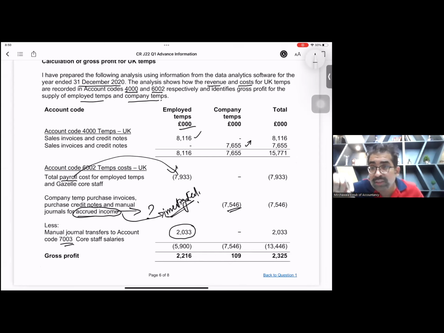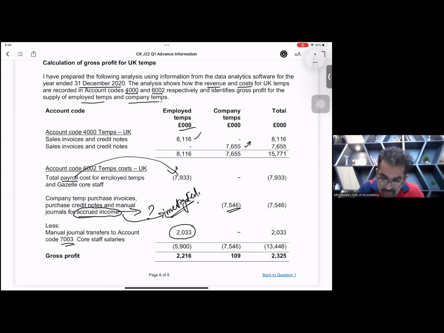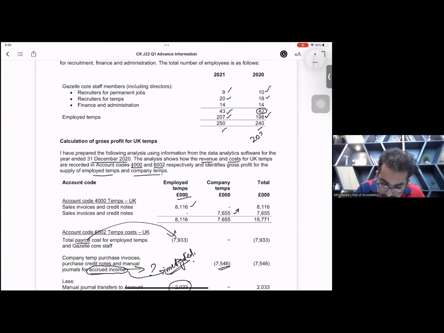Core staff means our own staff, not temporary staff. So our own staff cost is 2,033,000, and this data relates to last year, 31st December 2020.